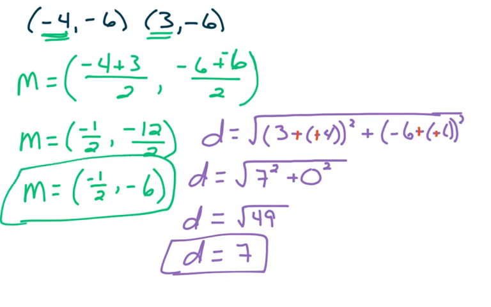Now, they usually won't come out to be pretty numbers like that for your distance. And you might go back and say, well, gee, I had the 7 right there. Why can't I just cancel? The square root is above the entire quantity here, which means that there is assumed to be parentheses here. You have to simplify what's inside there first and finally take the square root at the end.